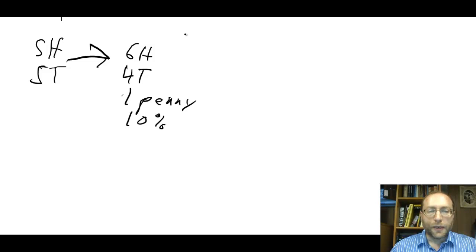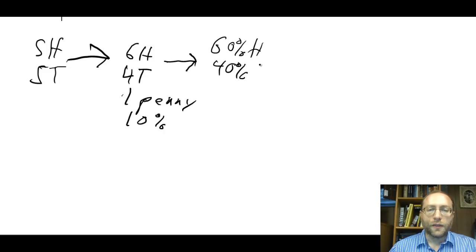But now let's say that the population expands. Let's say it grows. So instead of having a population of 10 pennies, we now have a population of 100. We have to keep the proportions the same, where we have 60% heads and 40% tails.